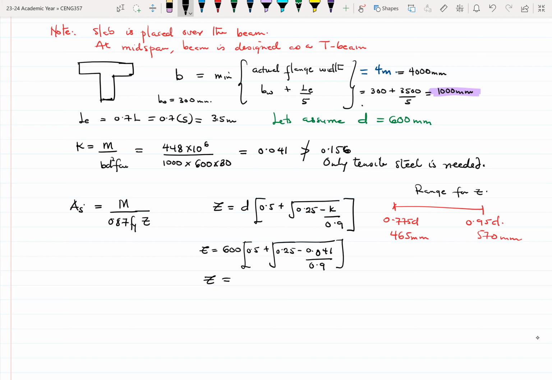Okay, and then plus 0.5. So it becomes 600 times 0.226. And you see that this value is lower than what we need.